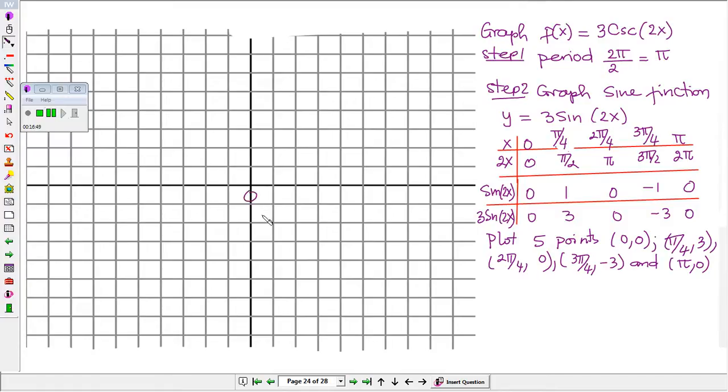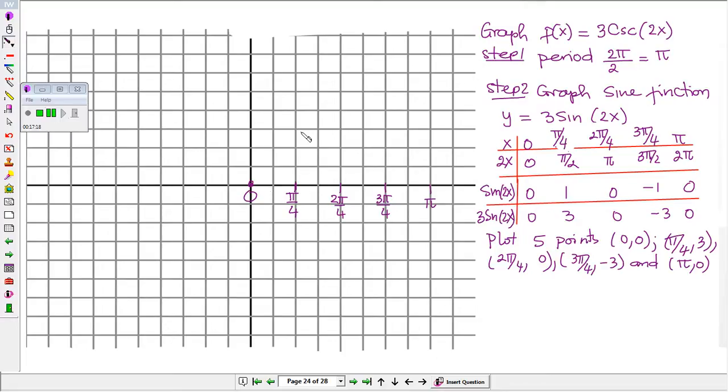I'm going to plot it in here. So this is 0, and if we want to expand a little bit, I'm going to skip every 2 tick marks. So this will be my pi over 4, 2 pi over 4, 3 pi over 4, and then pi.